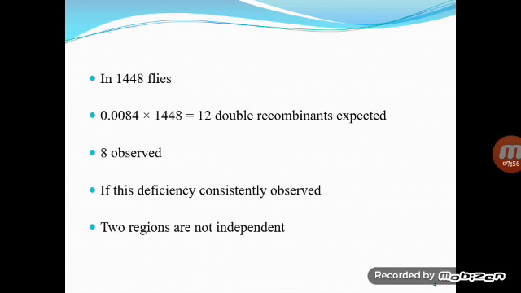If this deficiency of double recombinants were consistently observed, it would show that the two regions are not independent and suggest that the distribution of crossovers favors singles at the expense of doubles.